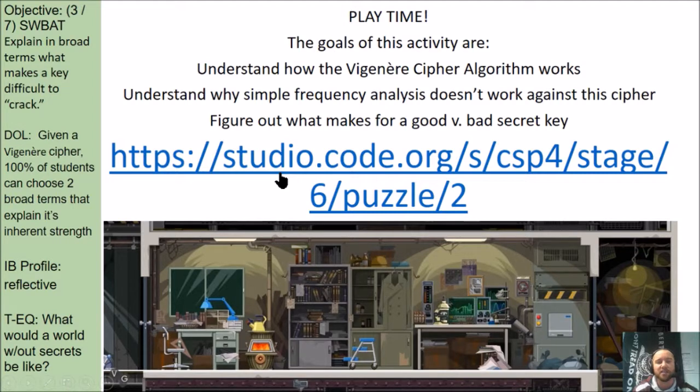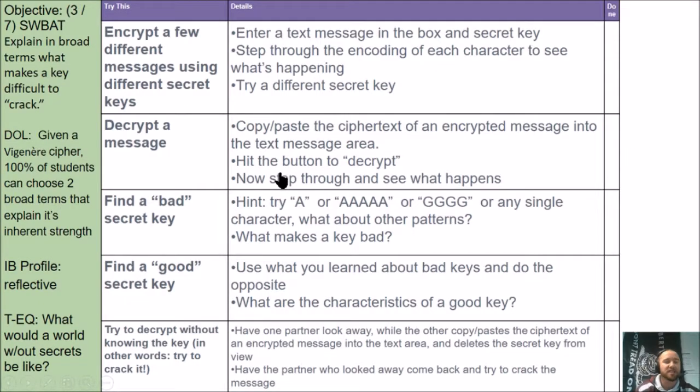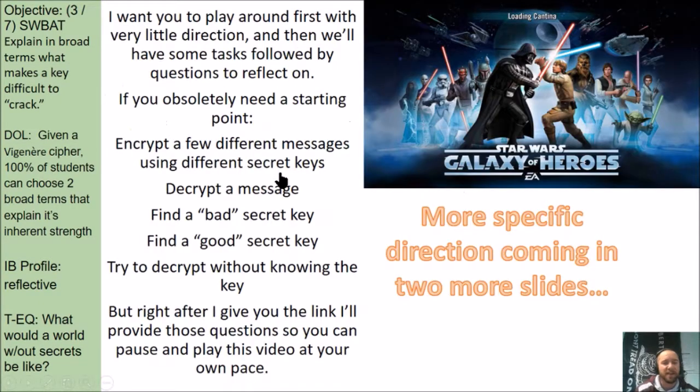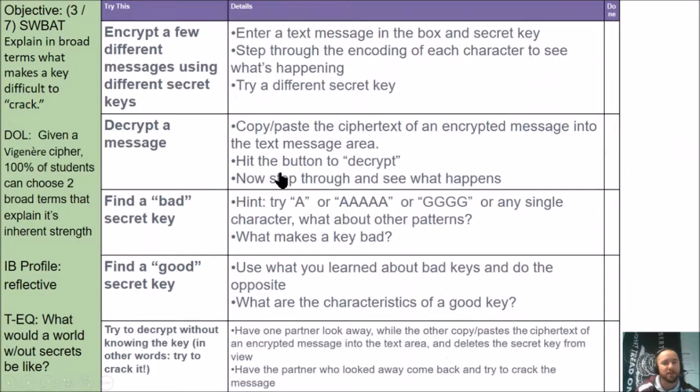The last thing is to figure out what makes a good versus a bad secret key, aka password. This slide shows you the same things that were right here. So if you want some direction and you're not looking to break my ciphertext or accept my challenge, that's fine, as long as you do these things. Here are some examples to guide you. You can pause and read them yourself.